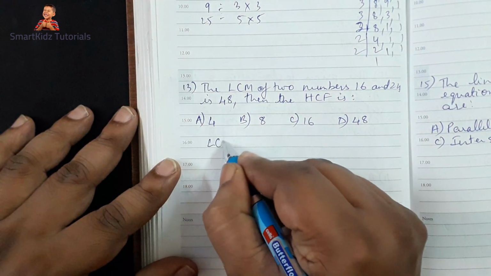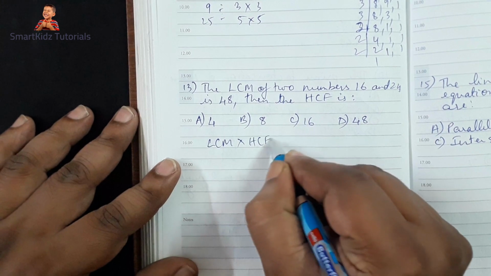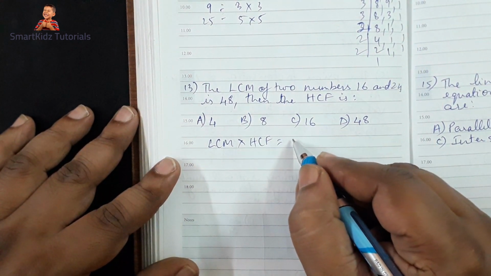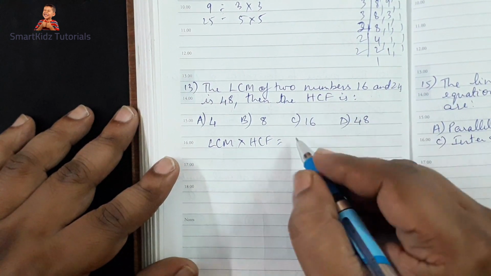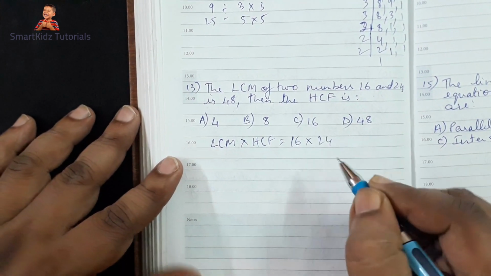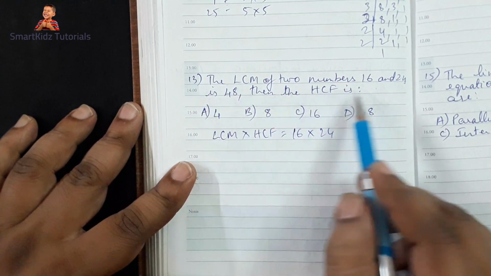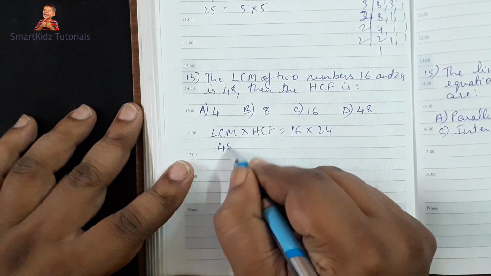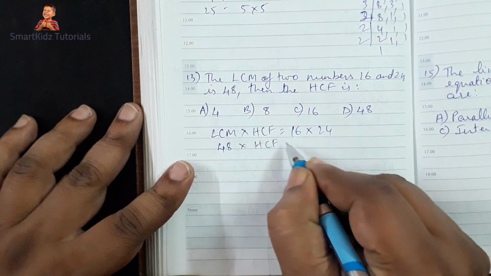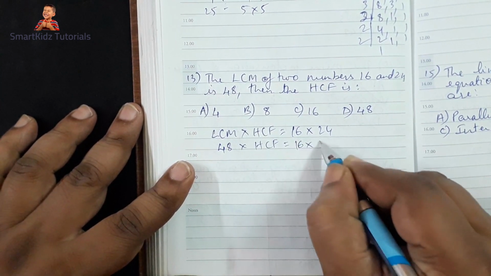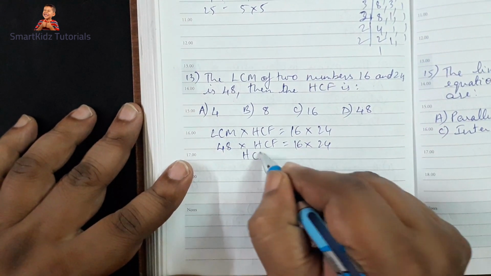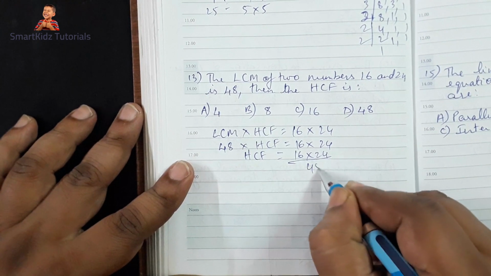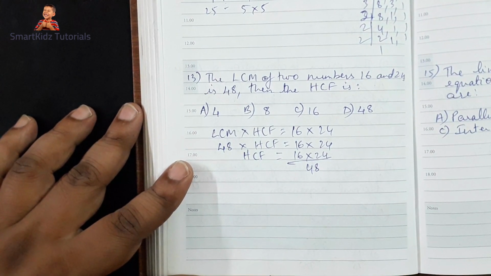So we have LCM into HCF equal to the product of the two numbers, that is 16 and 24, and we have been given the LCM of these two numbers, which is 48. We have to put 48 over here. HCF will be here, 16 into 24. Since this is multiplied, I'll take this way, 16 into 24 upon 48.